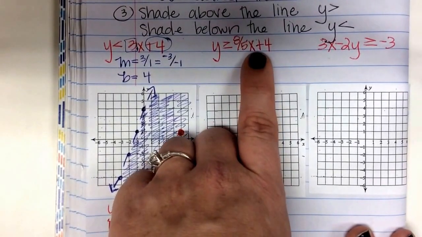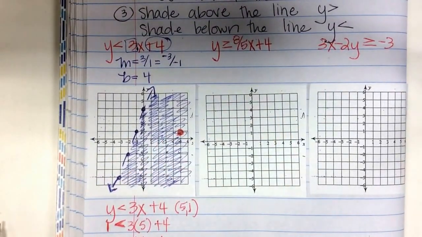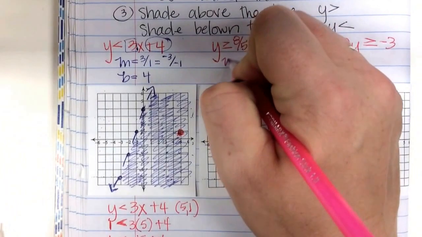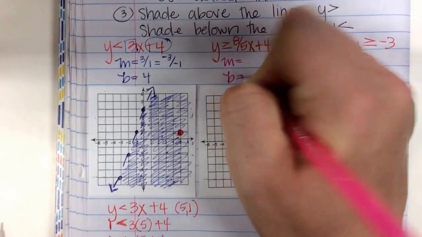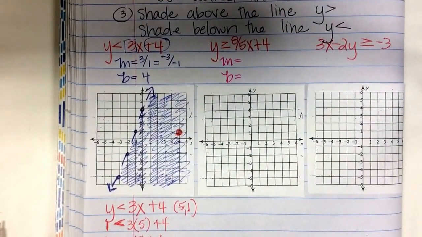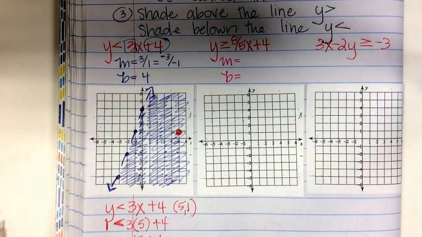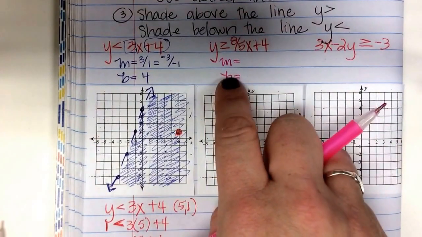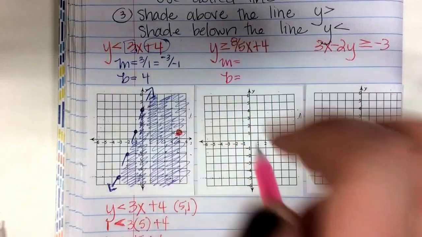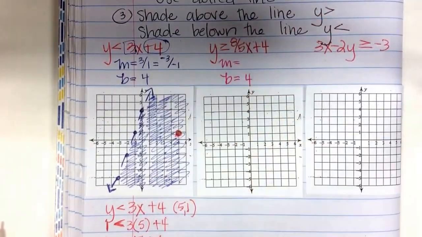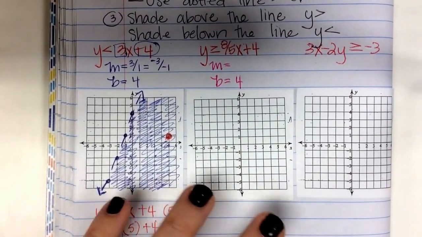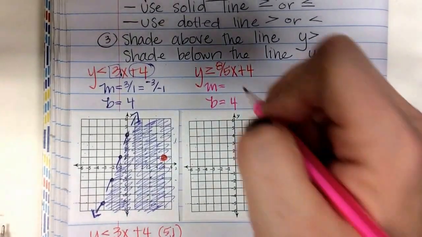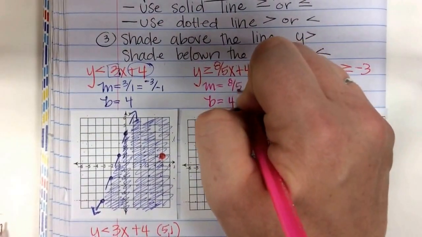So let's try this one. I have to identify my m and b. What's my intercept? Where do I start this graph at? 4. And what's my slope? 8 over 5.